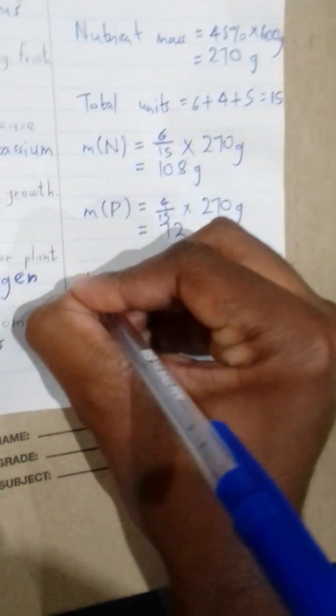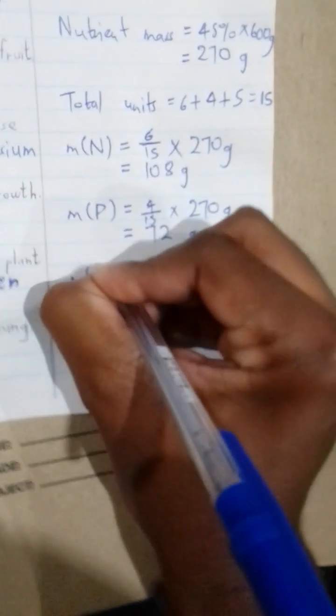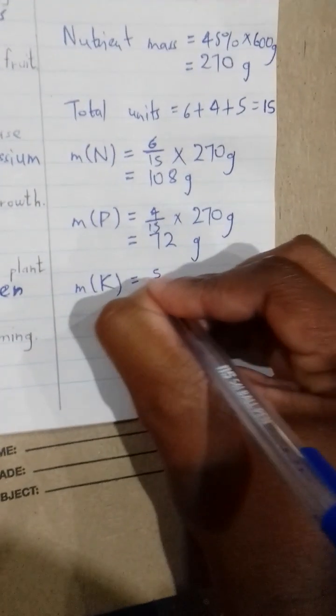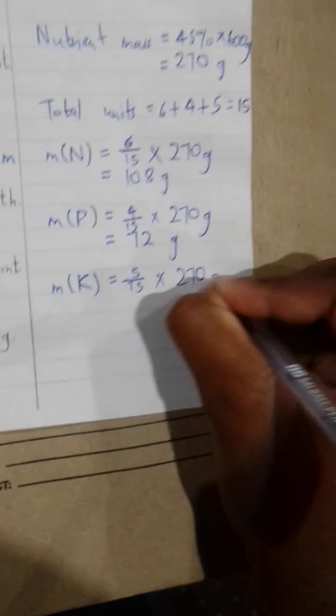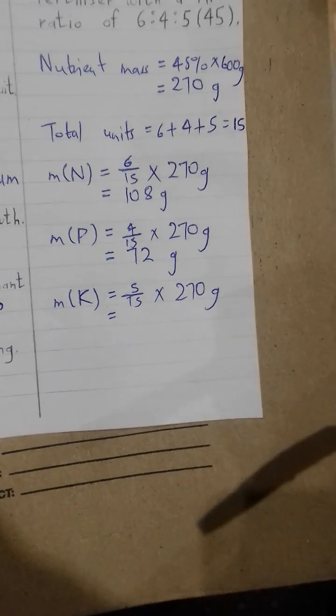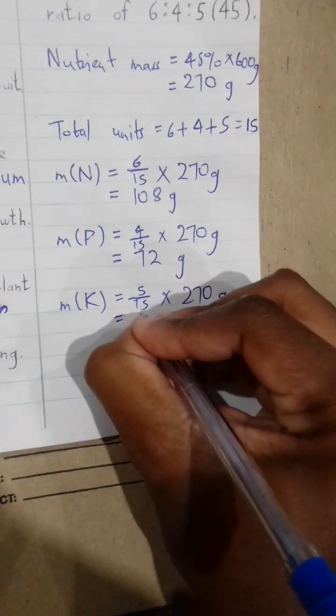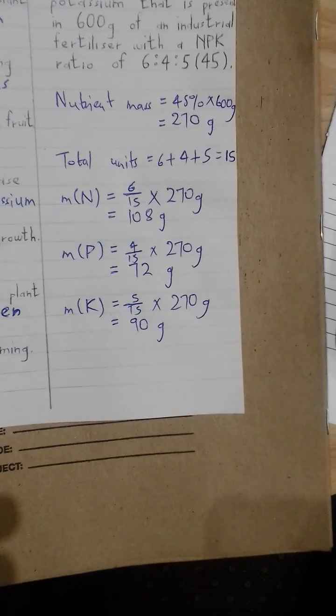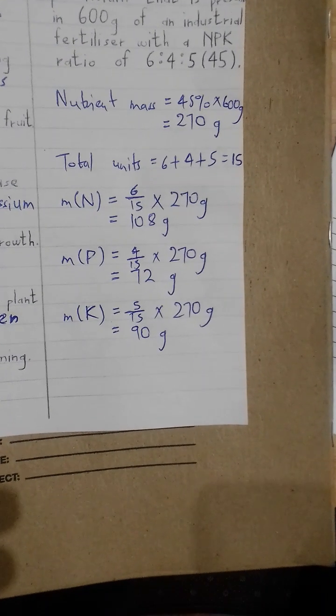Then the mass of potassium, 5/15 times 270 grams, 90 grams. I hope that makes sense and I hope that is clear.